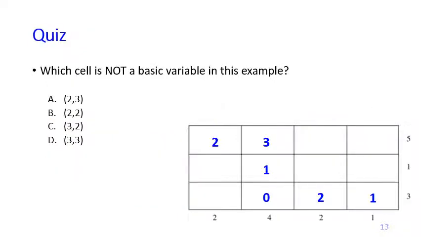The next question, suppose we have a BFS that looks like this. Which cell is not a basic variable in this BFS? Same as before, there will be a pause on the video and I will give you the answer after that pause.